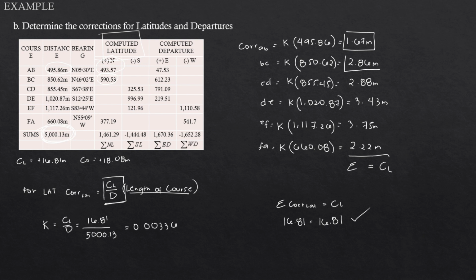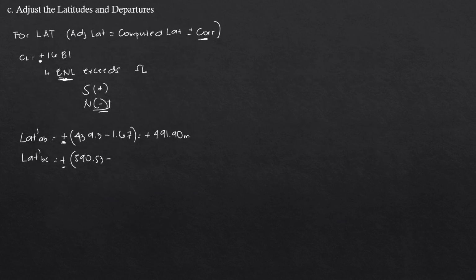So, meron tayong 2.86. Okay? Minus 2.86 is equal to, paki-compute, positive or north, 587.67 meters.